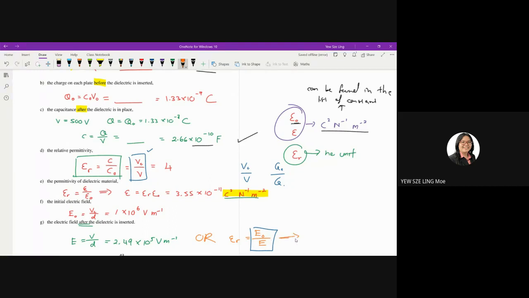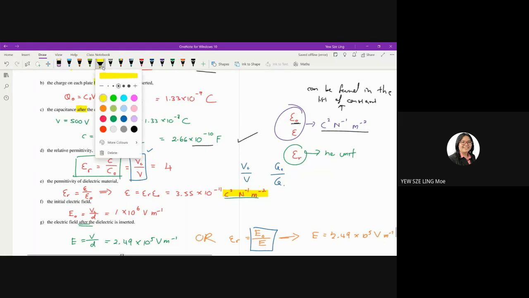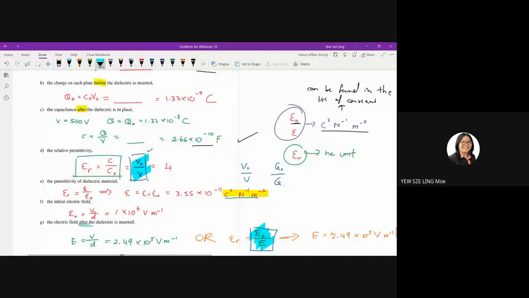So rearrange the equation: E is equal to 2.49 times 10 to the power of 5 V m negative 1. The thing you have to remember is that when you apply V naught over V and E naught over E, the condition is that the battery is disconnected. If the battery is connected, then these two equations are no longer valid. They are invalid.